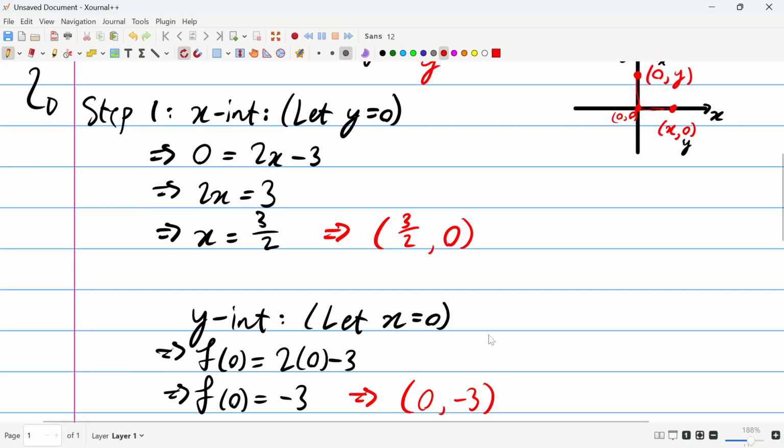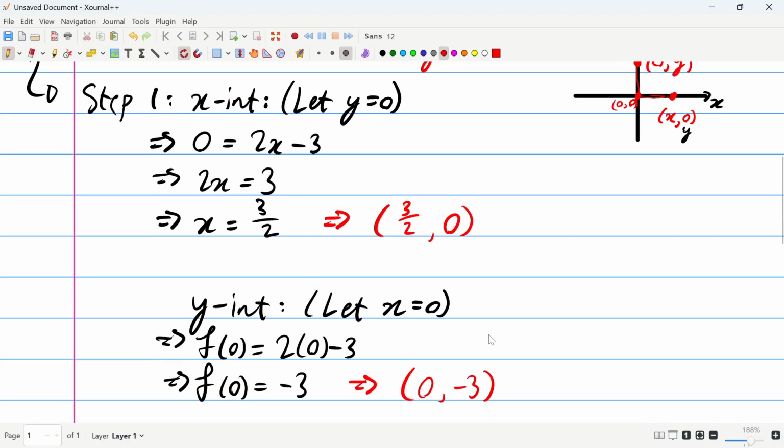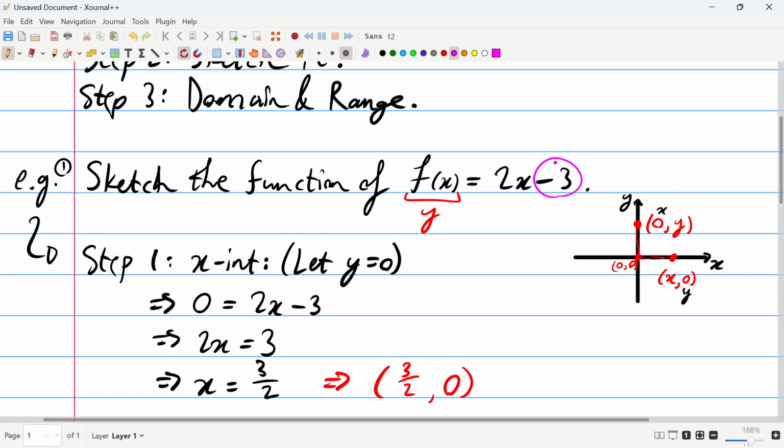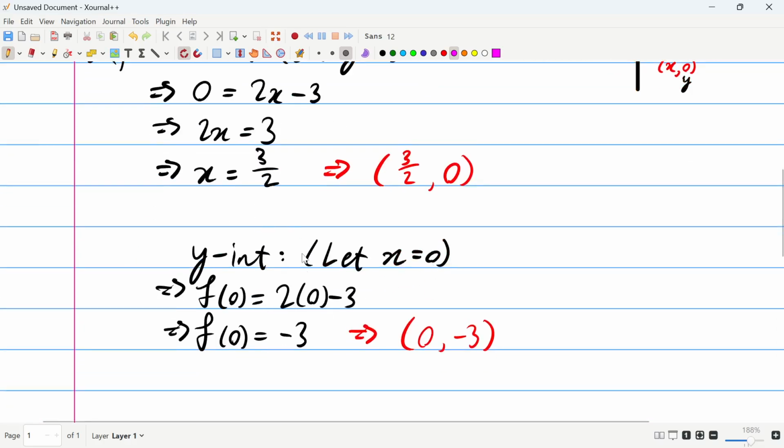So I didn't really mention it, but remember that in the equation, this value here, negative 3, should be our c value, which is our y-intercept. So you don't have to use this logic for finding the y-intercept.